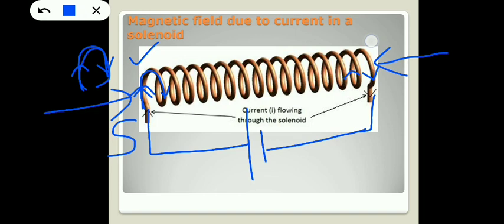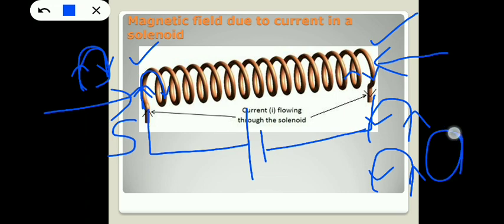So, try to view the solenoid from the right side. Okay, children, never try to view the solenoid from the front side of the screen. Try to view this face of the solenoid from the right side. So, what will be the direction of the current flow? Yes, you will get the direction of current flow like this. And what is that direction?